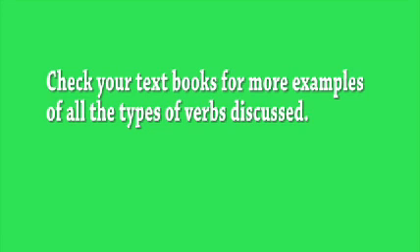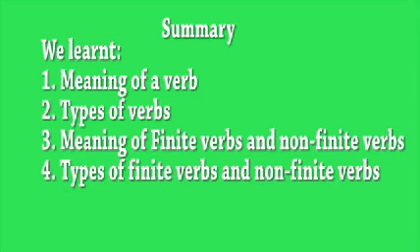Don't forget, today we have discussed what a verb is. I said a verb is an action word or a word that expresses a state or being. I explained what I mean by action and a state or being. And I have also told you the types of verbs. There are two types of verbs: the finite and the non-finite verbs. Under the finite verbs, we say these are verbs that are limited by their subjects, and they are divided into two: the lexical verbs and the auxiliary verbs.